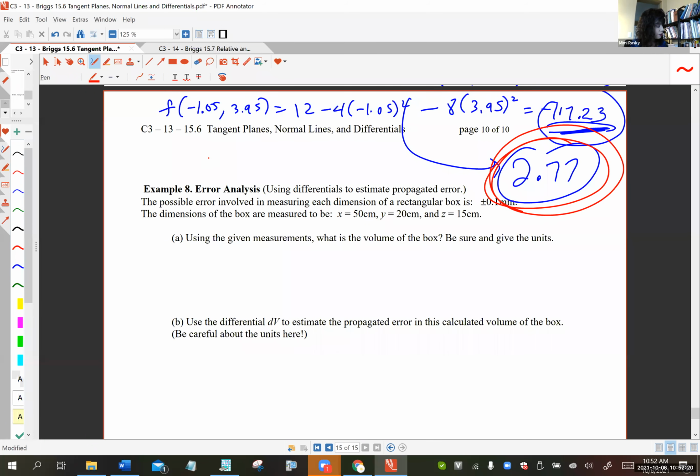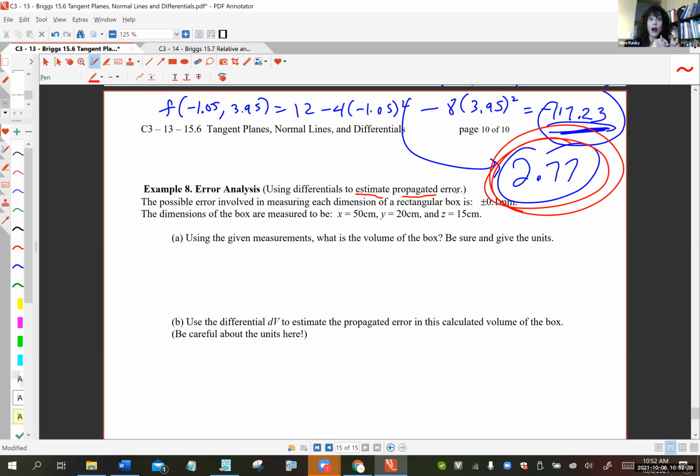So take a look at one really good, cool application for differentials for you engineers and scientists. You can use it to estimate propagated error. This is really important because propagated error happens all the time. Some of you have already run into it on some of your quizzes and exams.